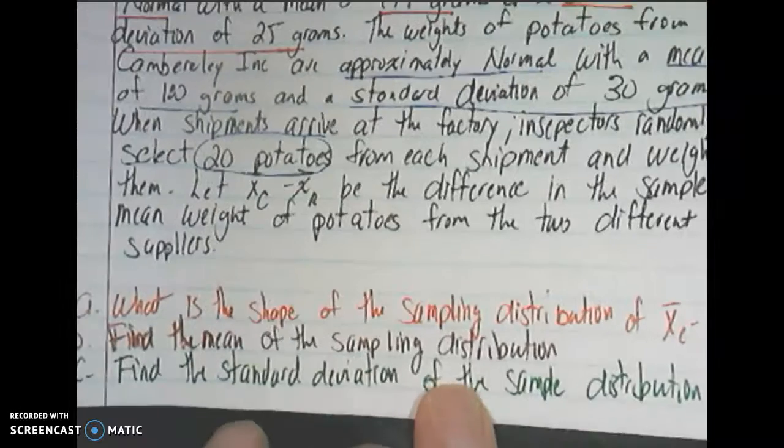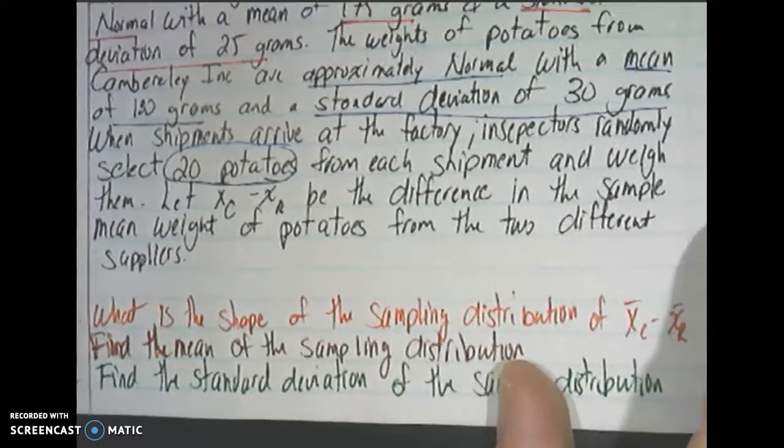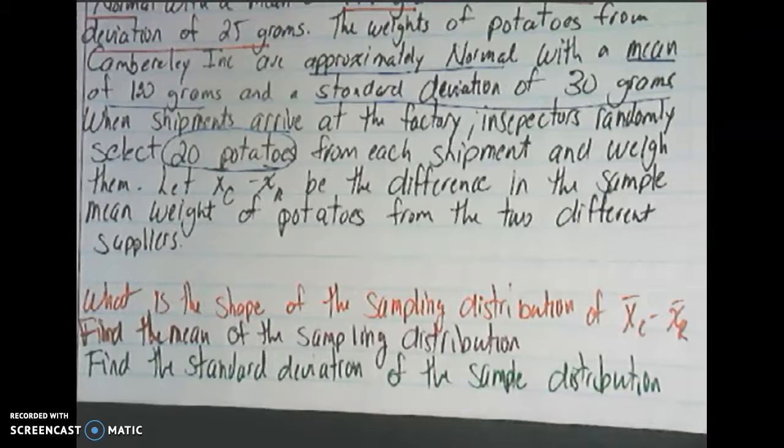Here are our questions. A. What is the shape of the sampling distribution of x bar of c minus x bar of r? B. Find the mean of the sampling distribution. C. Find the standard deviation of the sampling distribution. All right, so A is going to be really easy.